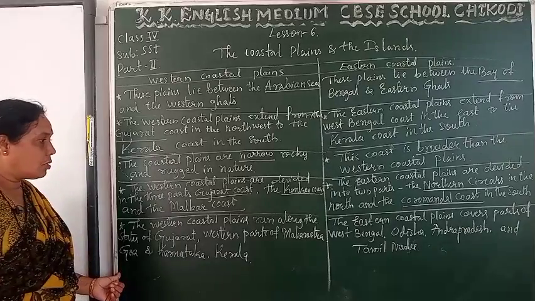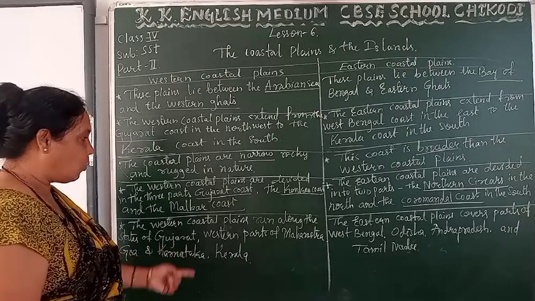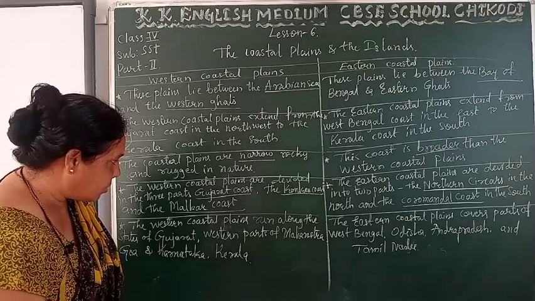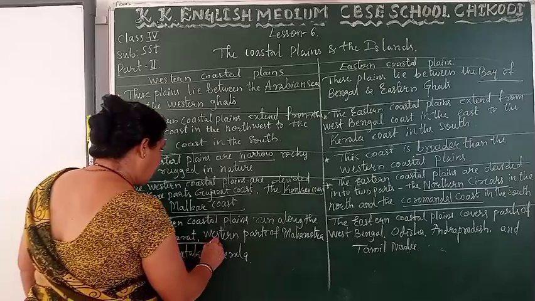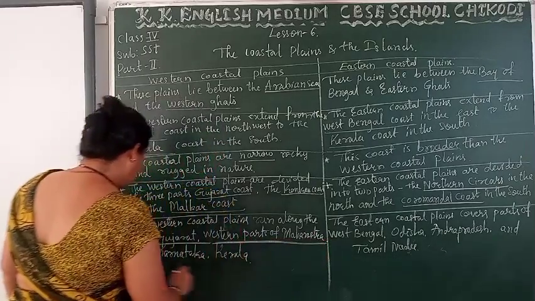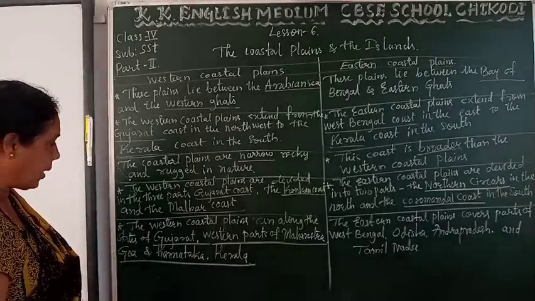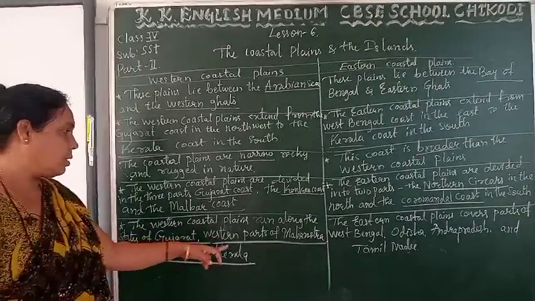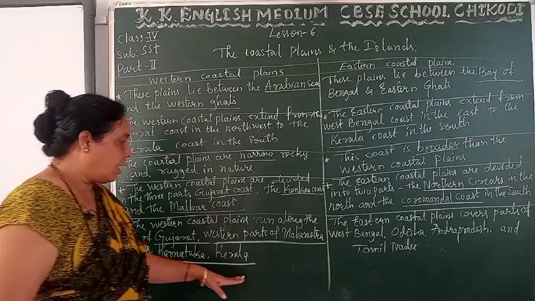The western coastal plains run along the states of Gujarat, western parts of Maharashtra, Goa, Karnataka and Kerala.